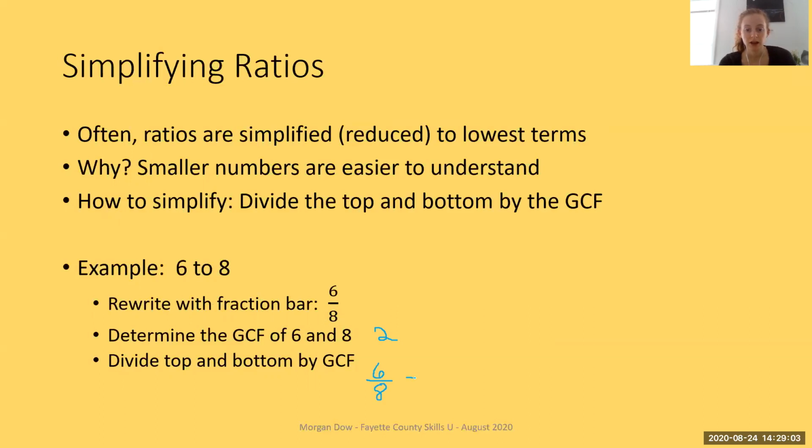I'll do that by dividing both the top and the bottom by 2. And so I'm left with 3 to 4. So the ratio 6 to 8 simplifies to the ratio 3 to 4.